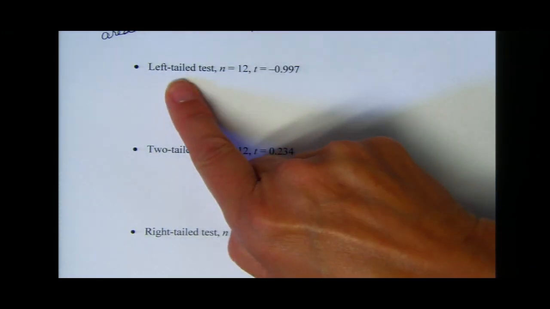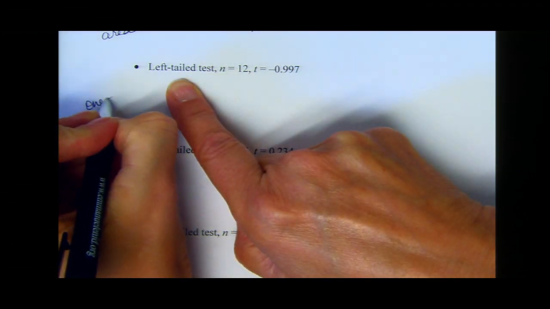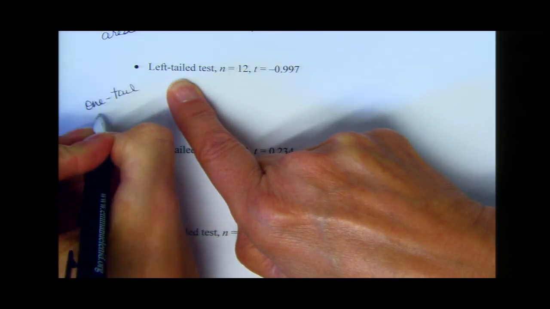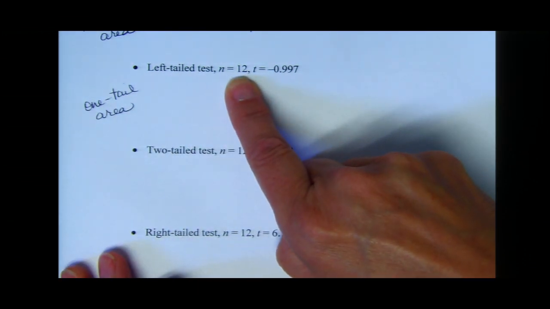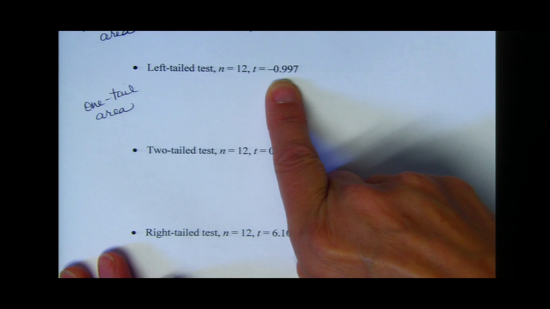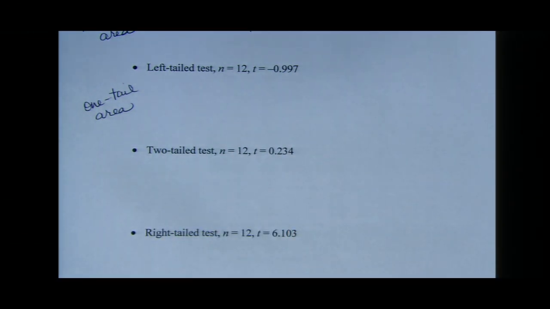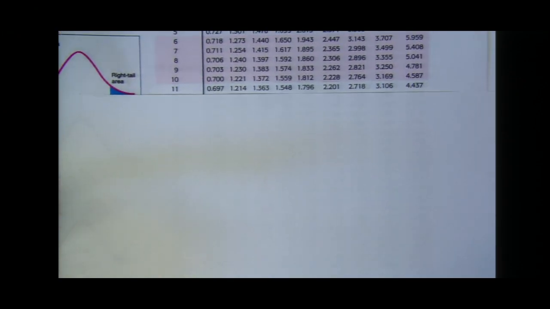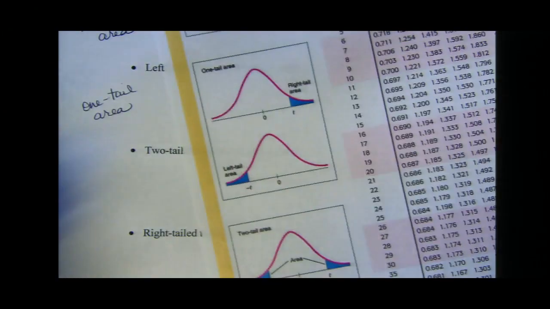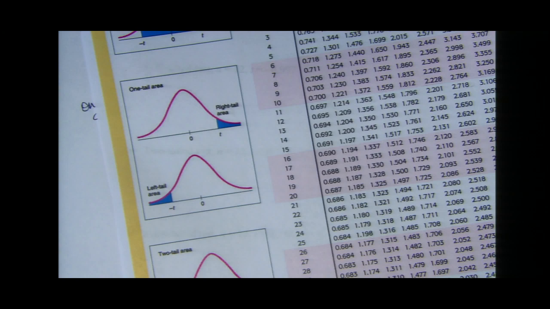Okay, we go back to a left-tailed test, so I know I'm doing one tail area. My DF is still 11, and now I'm looking for negative 0.997. So my test statistic was a negative number. So I go here to 11, and there aren't any negative values here at all. Well, here's how we handle that.